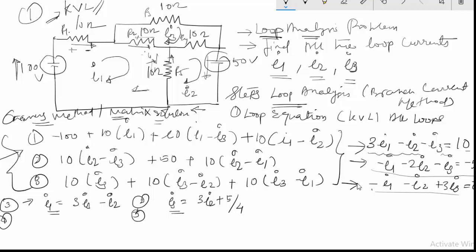Now you substitute the fourth and the fifth equation in the first equation, so you have to solve 3 times the value of I1, which is 3I3 minus I2, minus I2, minus the value of I3, which is (3I2 plus 5) by 4, and again you'll have to substitute the value of I3 here.